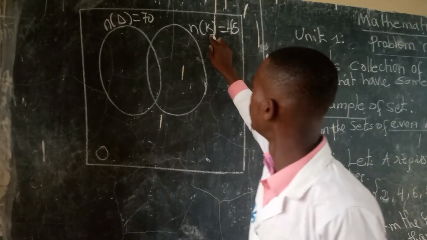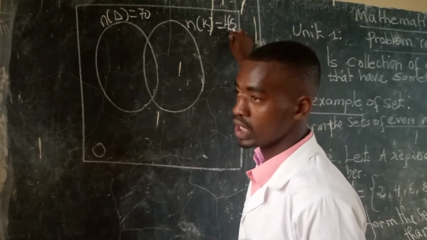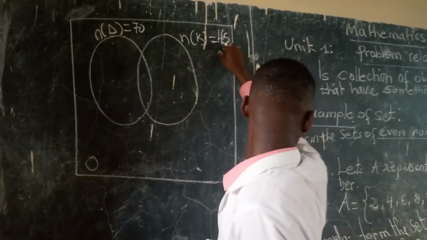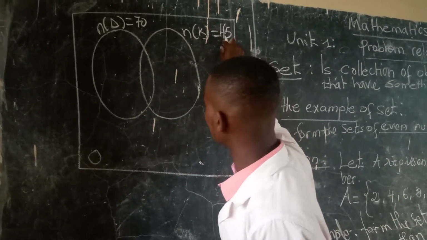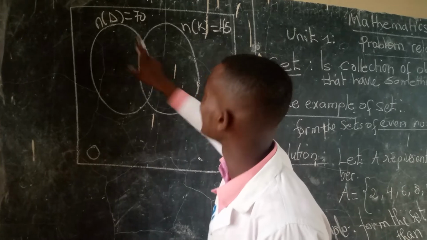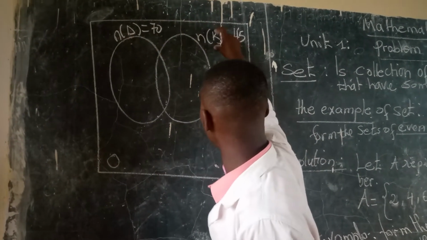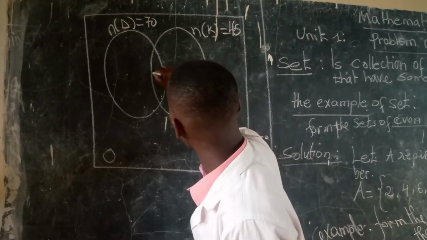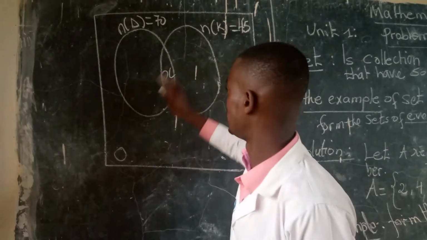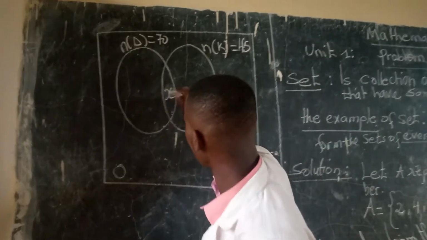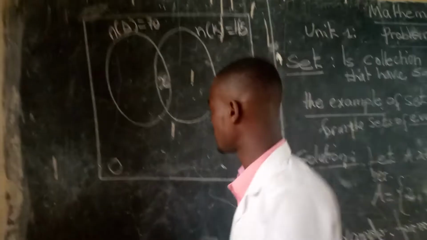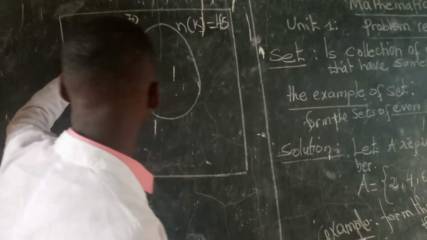We have the number of doorbells, it is 70. We have the number of knockers will be 45. Here it means that the number of doorbells and knockers, both, will be x. Let's present here x. The meaning is that we need to find the number.